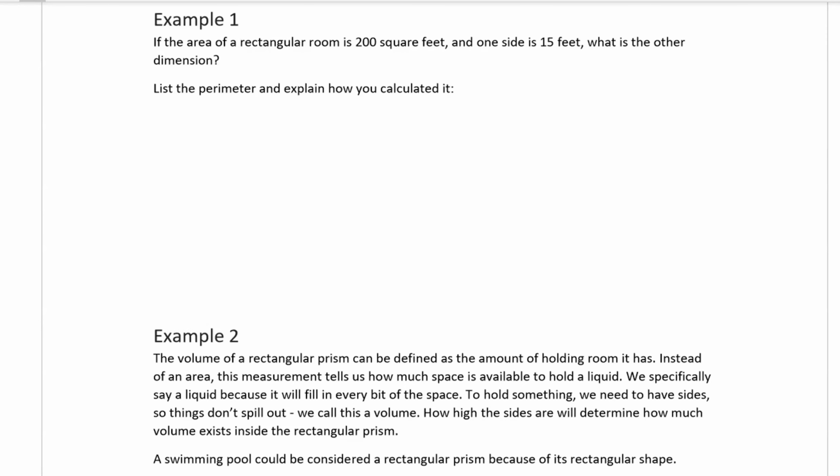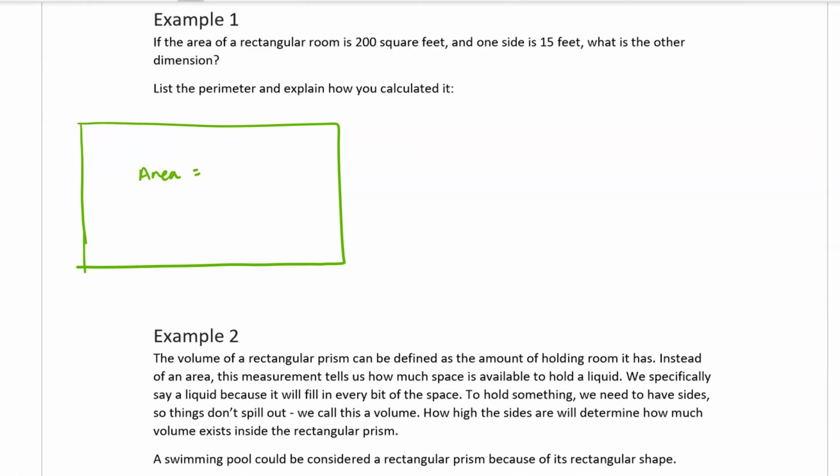Example 1 says, if the area of a rectangular room is 200 square feet and one side is 15 feet, what is the other dimension? So first we want to draw the rectangular room. And we know that the area is 200 square feet.